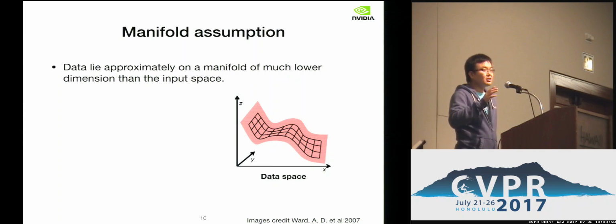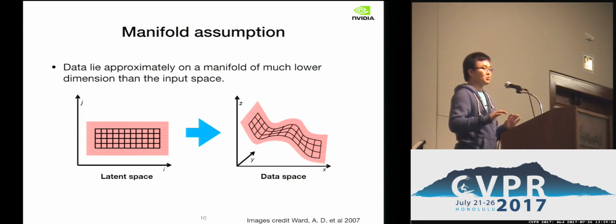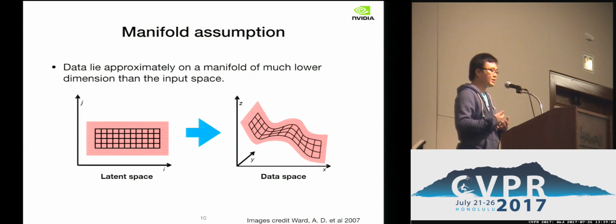So if we have observed a bunch of data in high-dimensional space, we hypothesize we can unroll the structure into a nice 2D plane. This is the assumption we're going to use to help us analyze high-dimensional data, such as images. And most generative models more or less use this assumption for latent modeling.